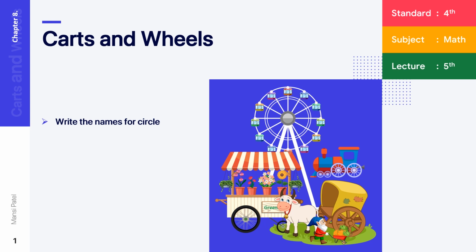After that, some questions based on the previous session: write the names for the parts of the circle. Then we have to study how to find out the diameter of the circle. After that we are going to study how we can find out the radius of the circle. Let us see.